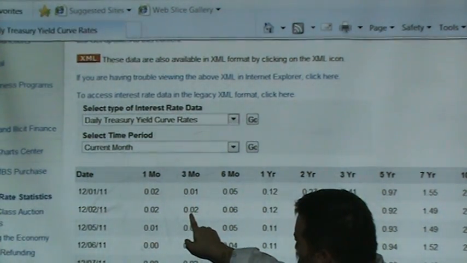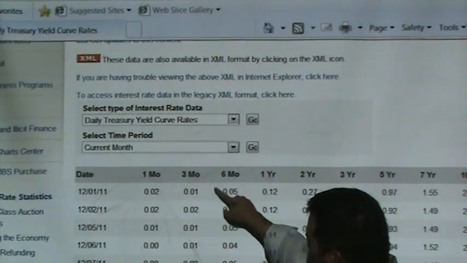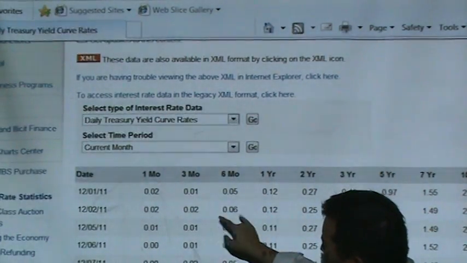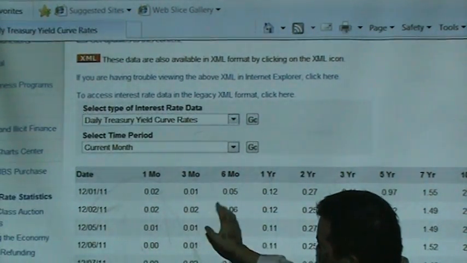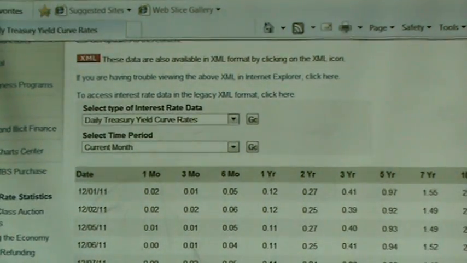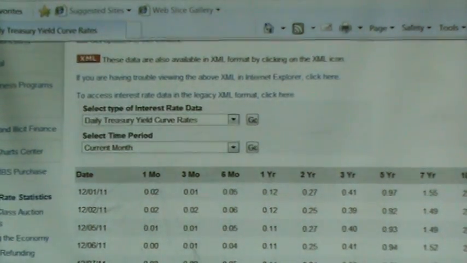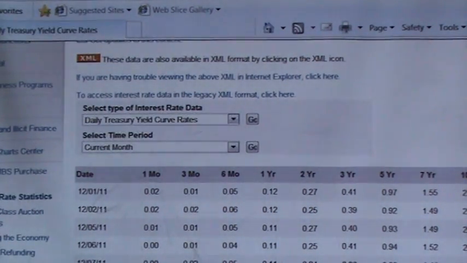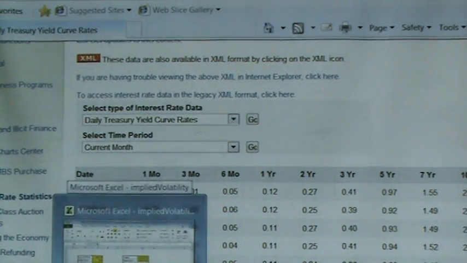So the 3-month interest rate is 0.02, and the 6-month interest rate is 0.06. I'll just take a weighted average and make it 0.03 for today's example. So that's just using the U.S. Treasury data as our risk-free interest rate.